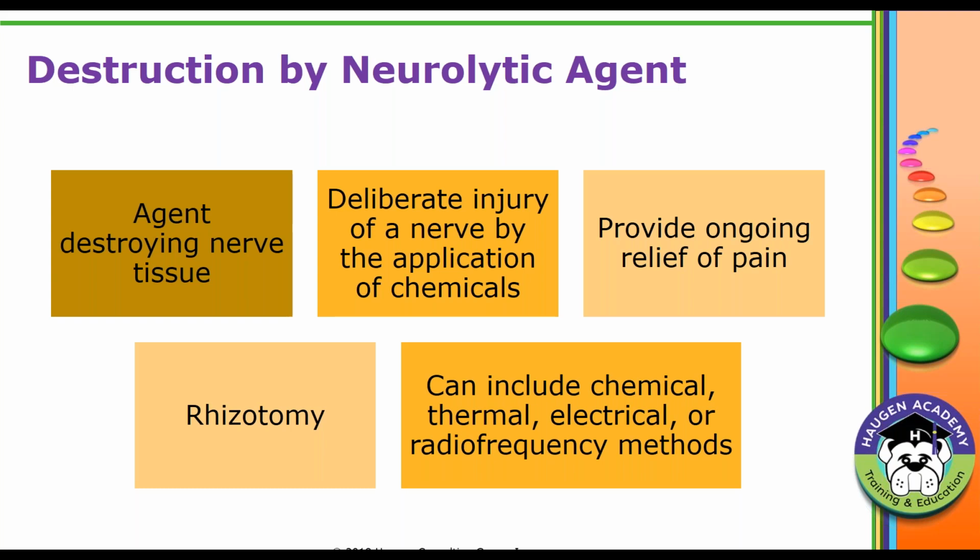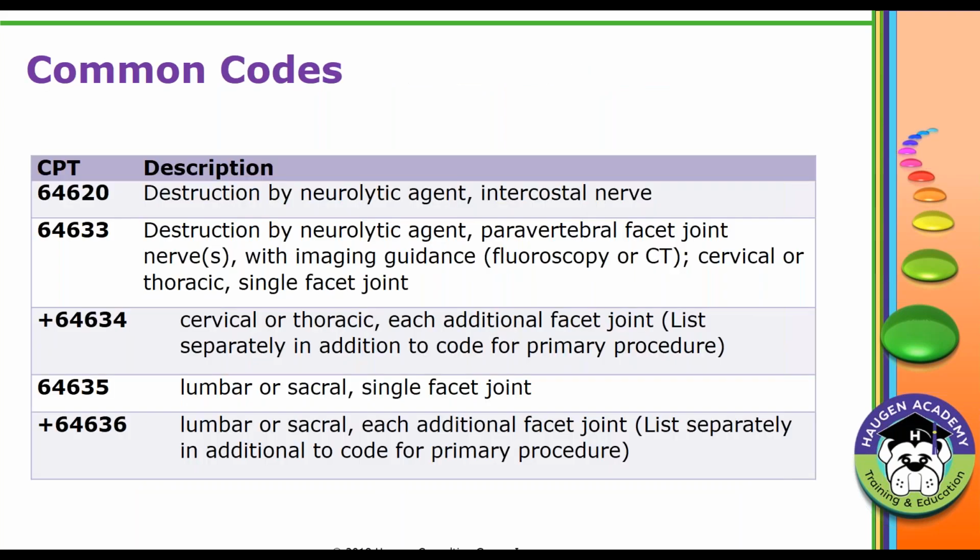Again, they're just destroying the specific sites in the nerve that produce the pain, but they leave the sensation intact. Some neurolytic substance examples, and I've already given some of them, are phenol, alcohol, glycerol, and Botox, which are commonly used.